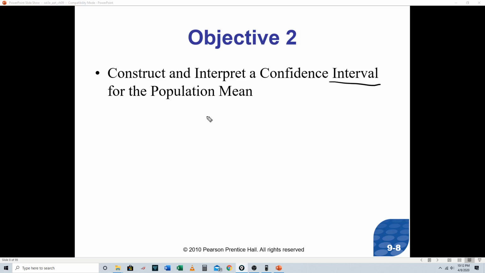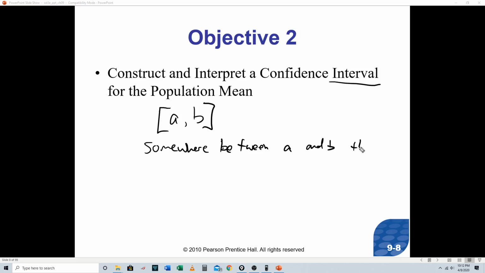We need two numbers, a and b, that represent a boundary for which somewhere between a and b, the true population mean, mu, exists.